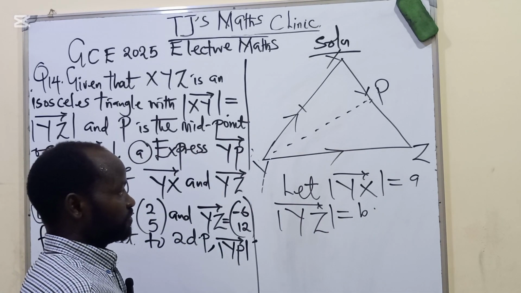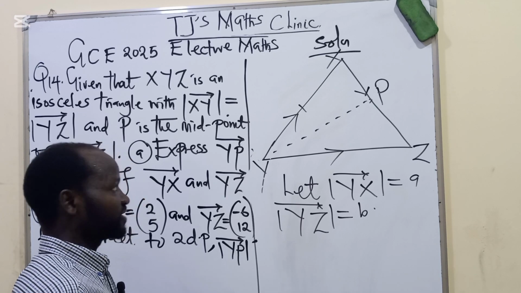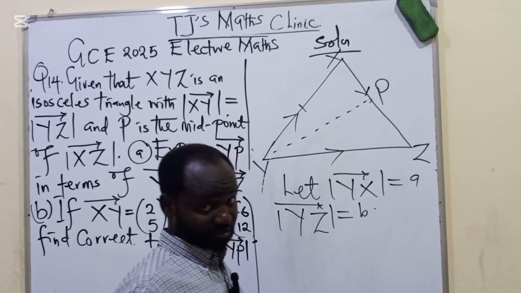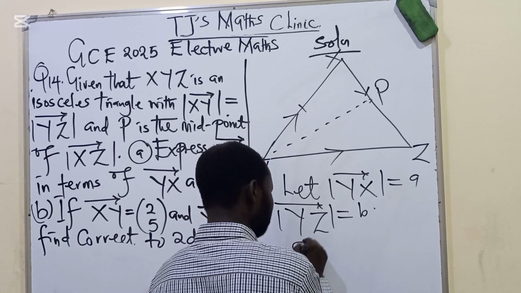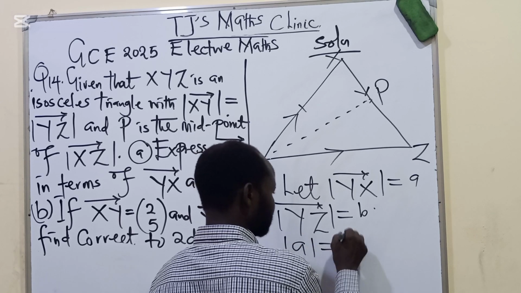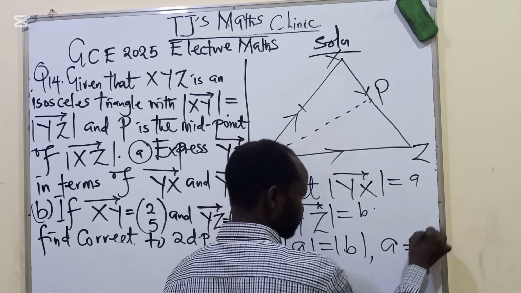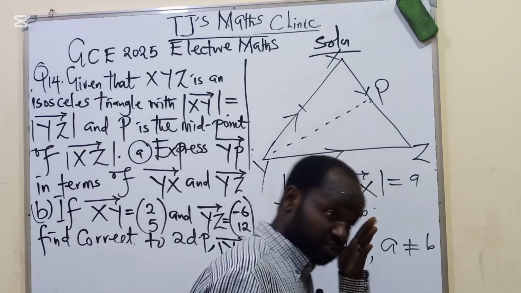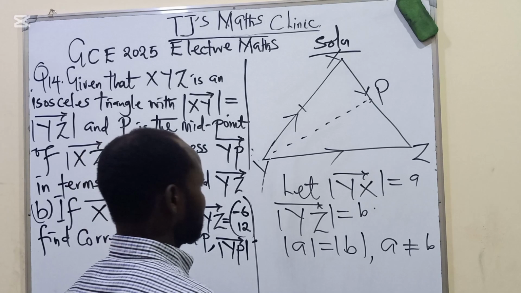Since yx and yz are of equal length, they will have the same magnitude but different direction. So the magnitude of vector a will be the same as vector b, given that a will not be equal to b. Very important. They'll have the same magnitude, but they can be in different directions.